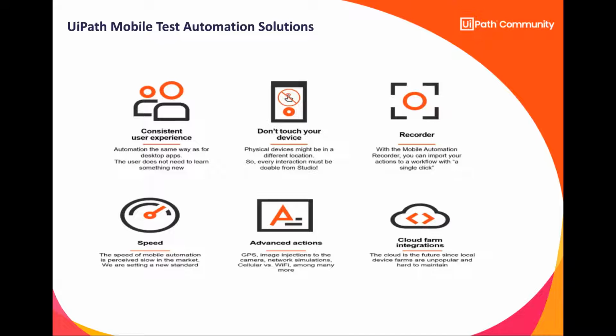Without touching your mobile device, every control UiPath has already given in the solution. So we don't need to go to our mobile while doing the development of automation. Once it's set up, we don't need to touch anything on our mobiles, right? So that's the dependency which they have reduced.